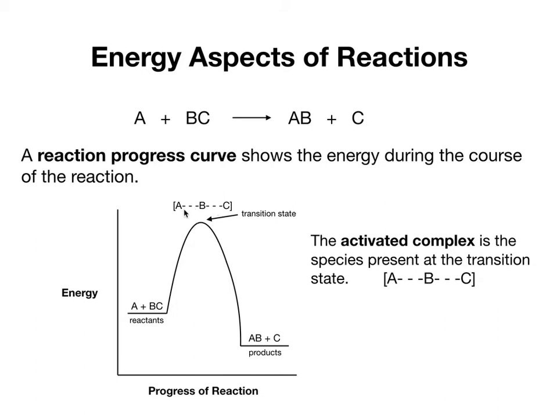This is very unstable. Remember that the higher in energy something is, the less stable it is. We can't stop this reaction at this point. I can't grab this activated complex and stick it in a bottle. It's very, very unstable. That is the activated complex, which is present at the transition state.